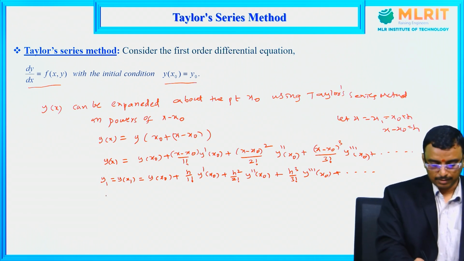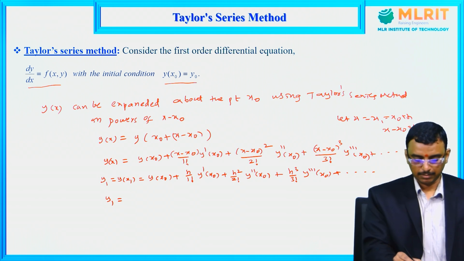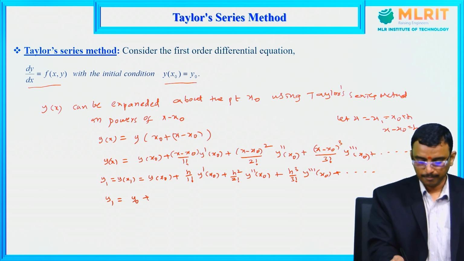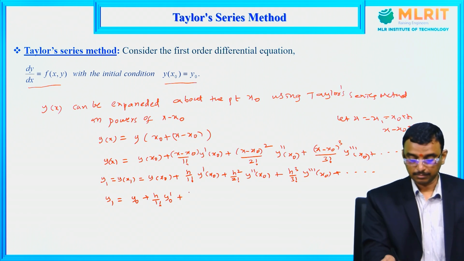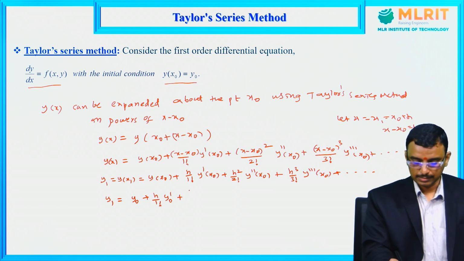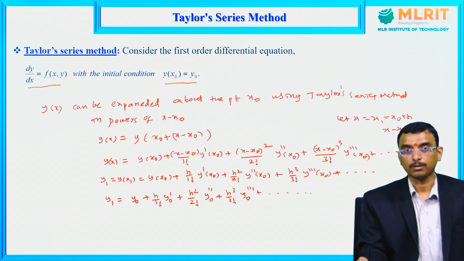So y1 is equal to, we can write y of x naught is nothing but y naught. So y naught plus h by 1 factorial into y naught dash, because y of x naught is equal to y naught, so we are replacing y dash of x naught with y naught dash, plus h square by 2 factorial y naught double dash plus h cube by 3 factorial into y naught triple dash and so on.